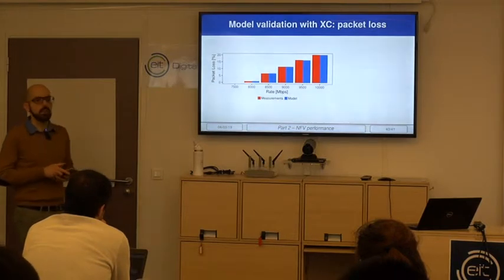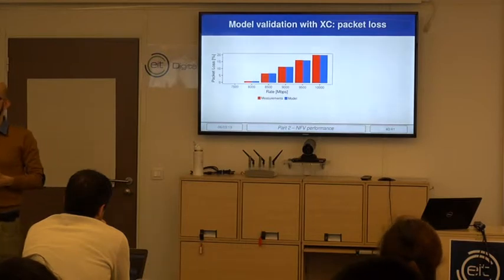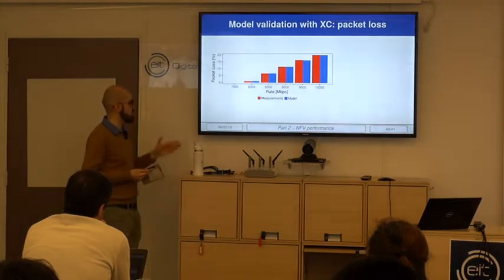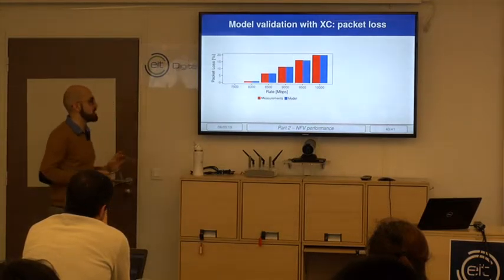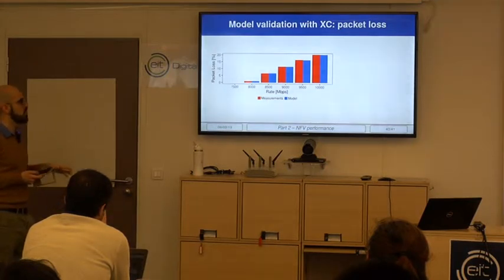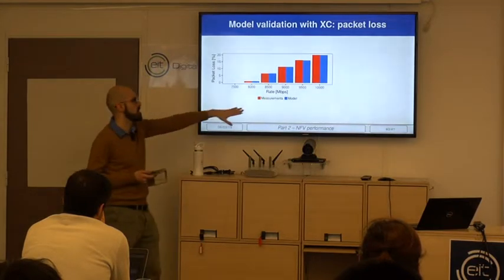So the packet loss, as I told you before, our model is able to detect the lossy regime. But how good is this detection? In the sense, what is the percentage of packets that are lost? Here I show you the results obtained both from the measurements and from the model.